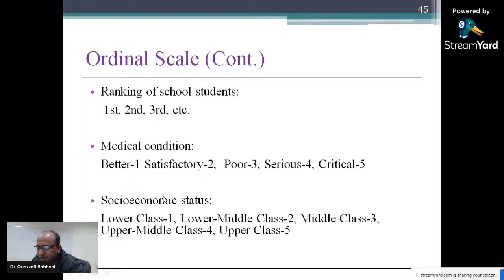Similarly, socio-economic status: lower class is given 1, lower middle class is 2, middle class 3, and so on. Here identity and magnitude are both used in the ordinal scale.